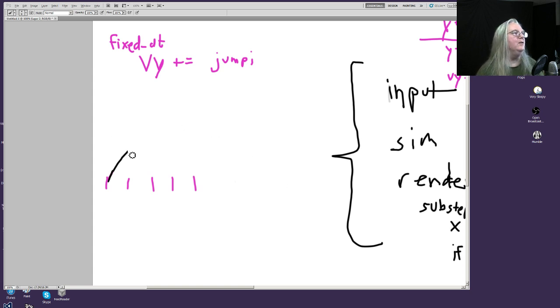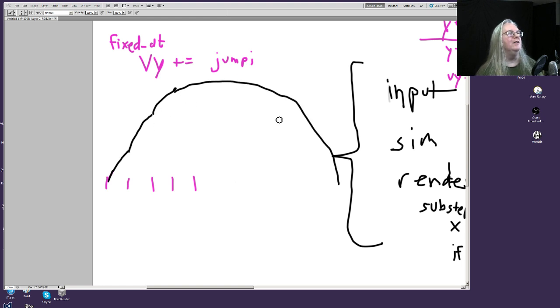Then here, if we add the impulse again, now we'll follow that arc. And then here we add that impulse again, and we follow that arc. And then maybe we stop adding it. And now we follow an arc back down, and it's not symmetric left and right. The arc is not the same shape.